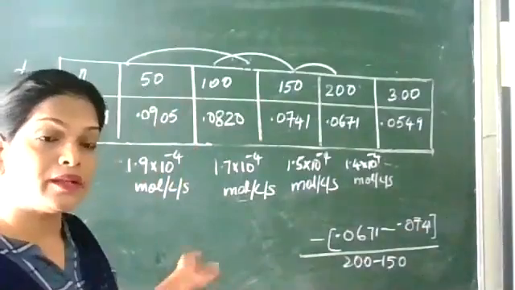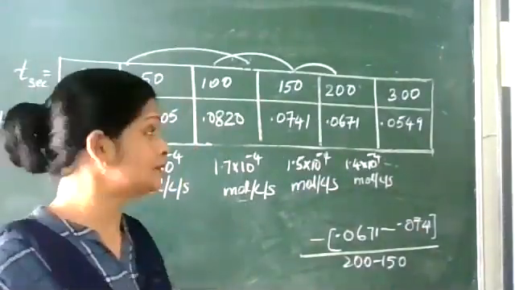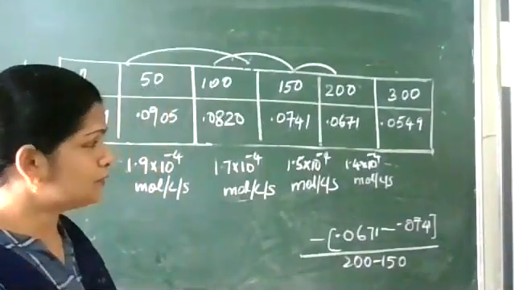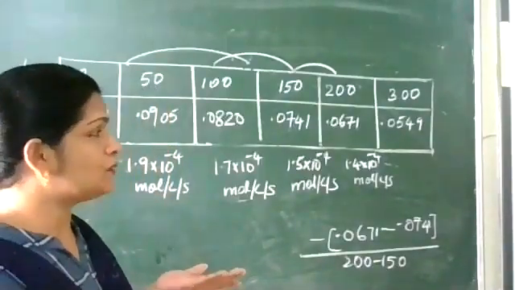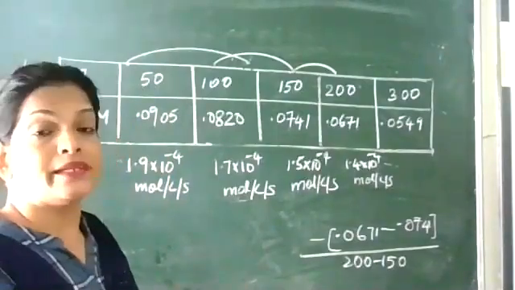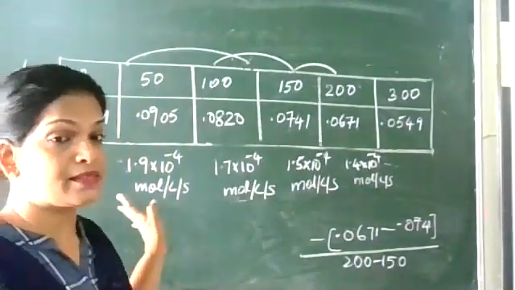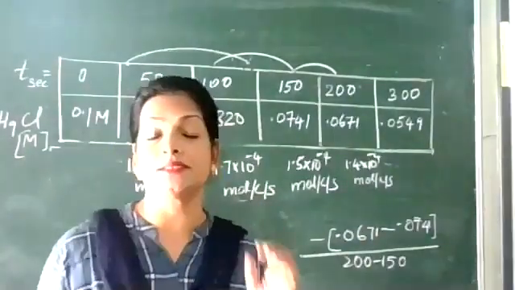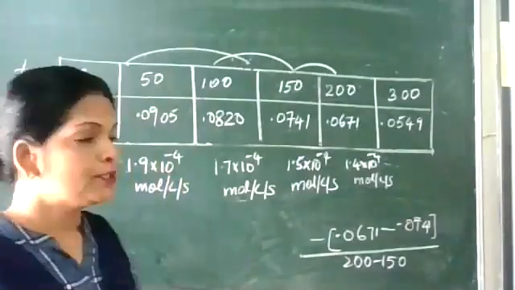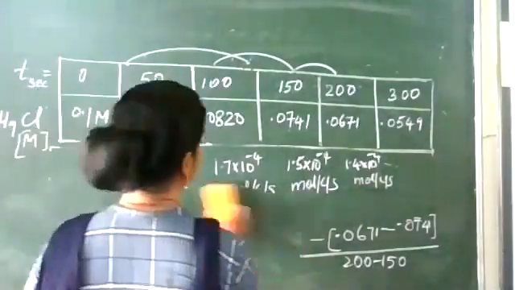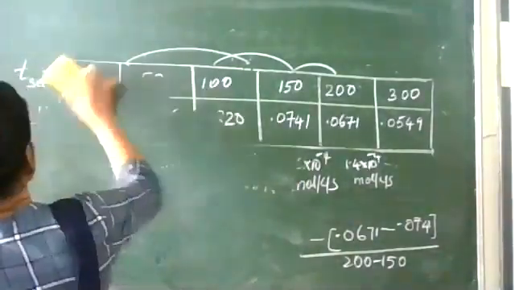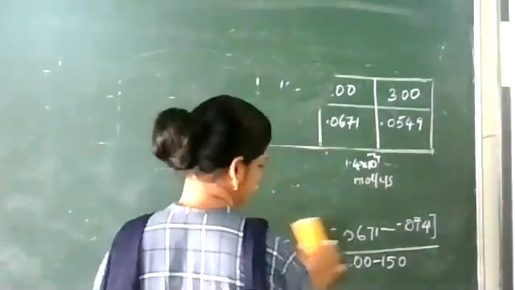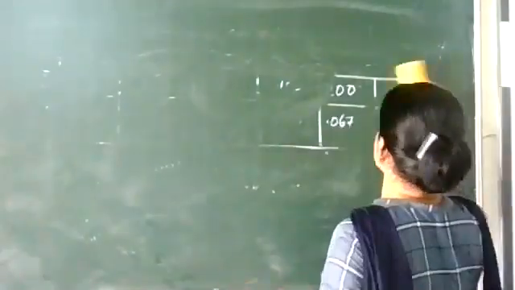Why is it so? Because the rate of reaction depends upon the concentration of the reactant. So a better word we are going to use is instantaneous rate. The rate is decreasing, so to say that at this moment this is the rate of the reaction, we are going to use another term, that is instantaneous.